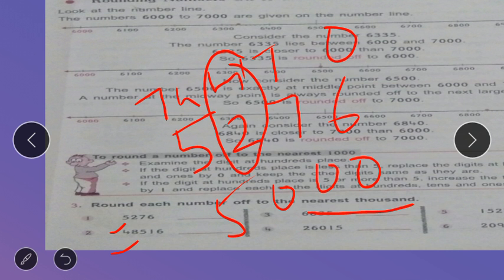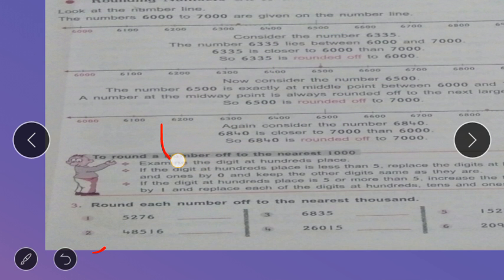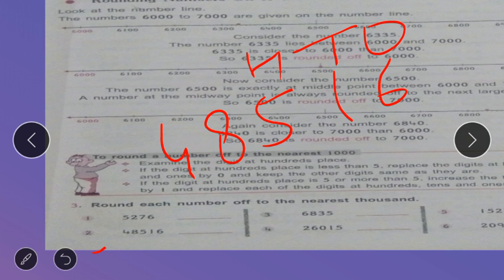This number is 48516. Second question I am explaining for you. This is ones place, this is 10, this is 100, this is 1000, this is 10,000. Now you will think, teacher, this is 10,000, how shall I do it? It is easy, the same technique you have to use.